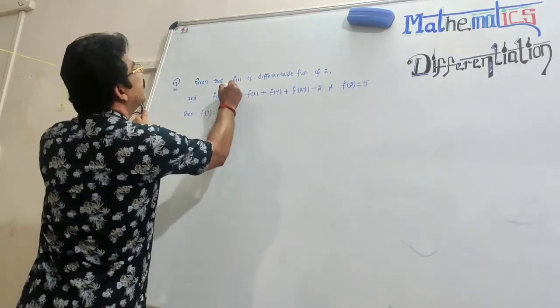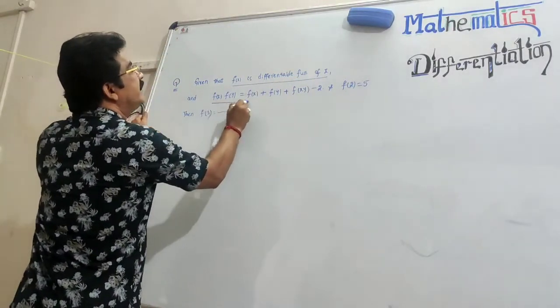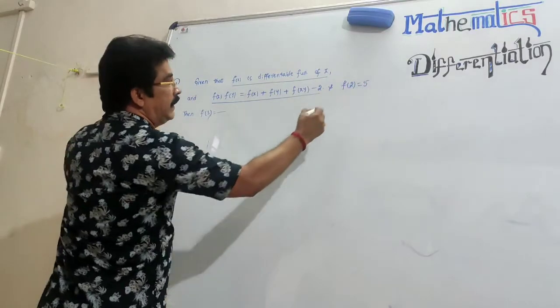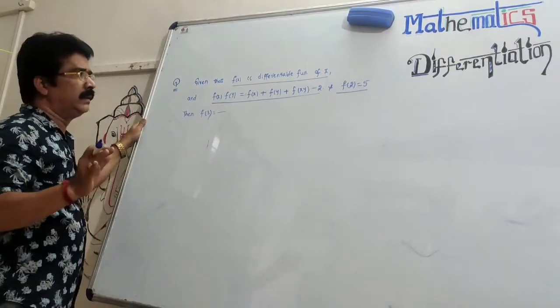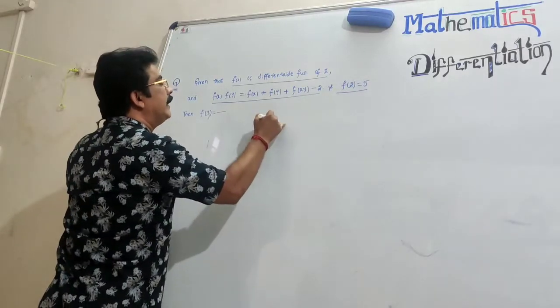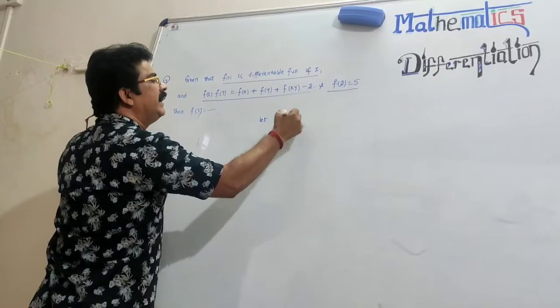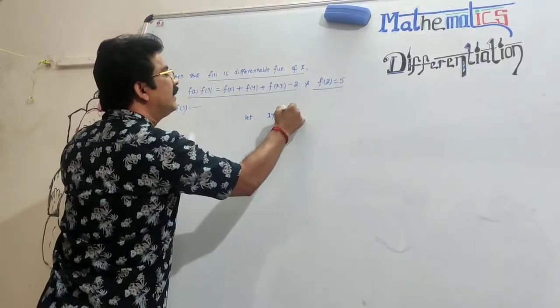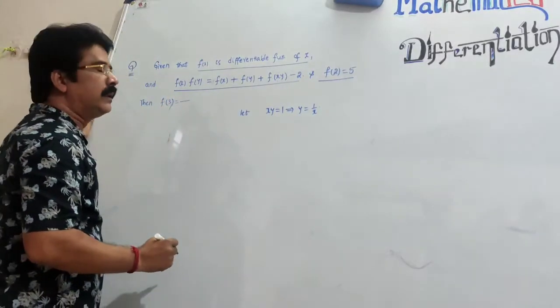Given that f of x is a differentiable function of x and the condition is given like that, and f of 2 is equal to 5. Understand? Okay. First, let x into y equal to 1. Means what? y is equal to 1 by x. Right.